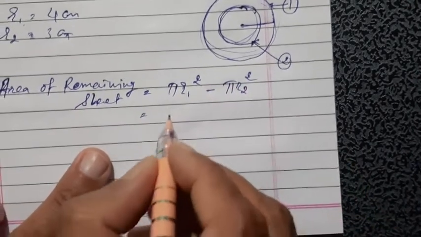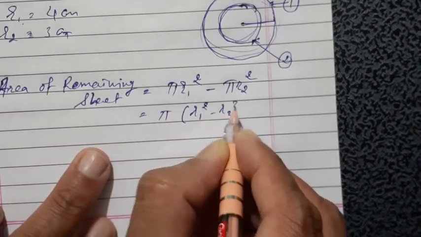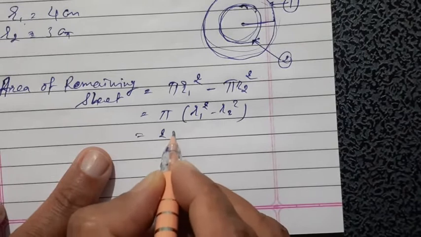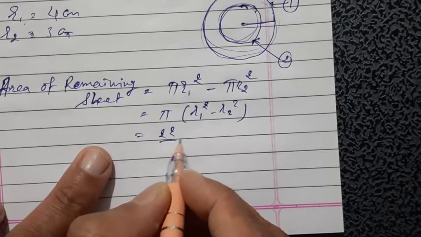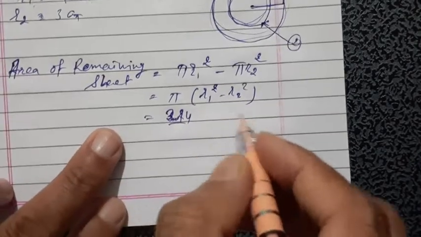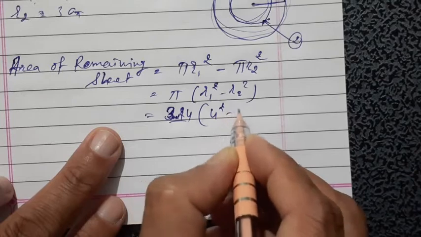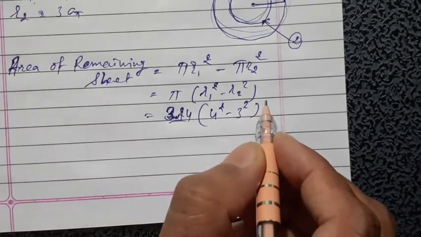Now here pi is common, take it out: pi into bracket r1 square minus r2 square. Pi equal to 3.14 is given. So take 3.14 into bracket 4 square minus 3 square.